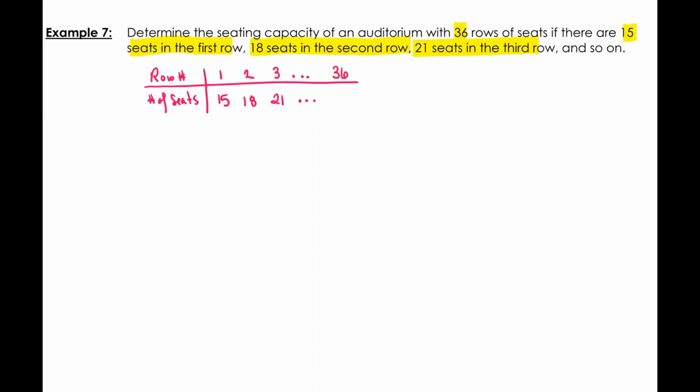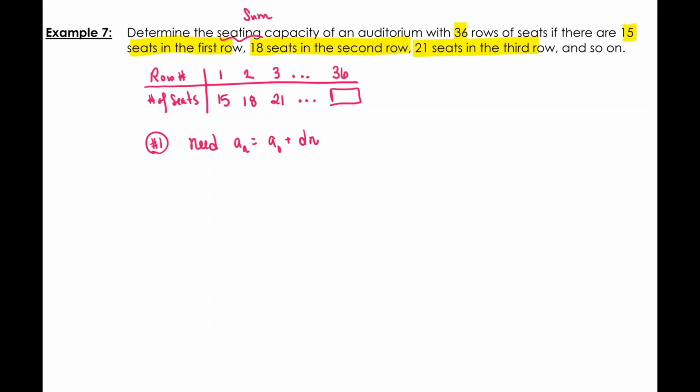All right, so again, determine the seating capacity would mean to find the sum of all of the rows, the sum of how many seats are in each row. Well, we're going to need to figure out our explicit formula so that we can generate how many seats are in row 36. So I need a sub n. We can do that very easily by doing a sub 0 plus d times n.